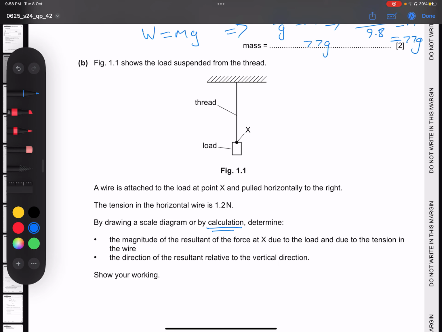So let's first visualize the setup. There is a force working horizontally from point X, which is the wire attached to point X and pulled to the right.